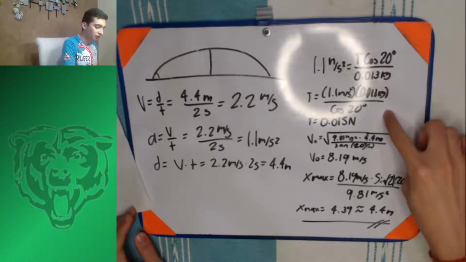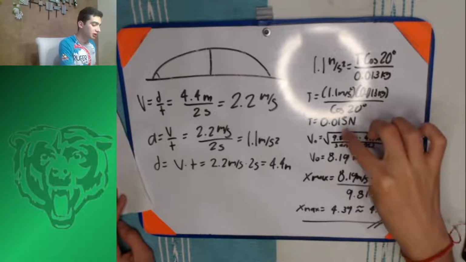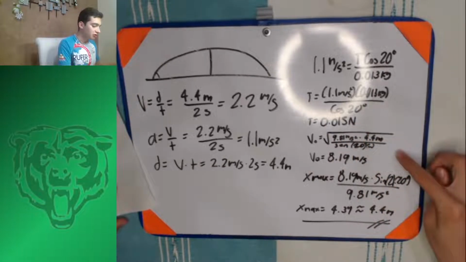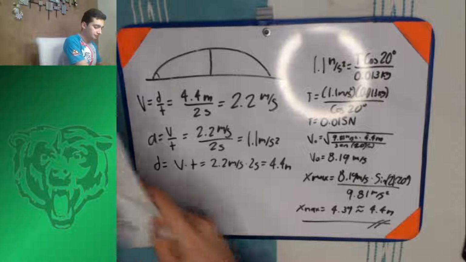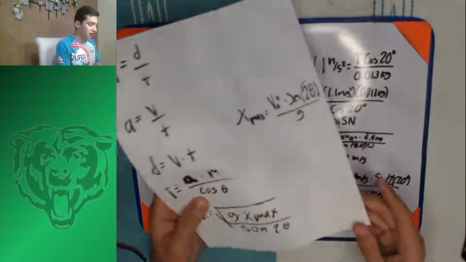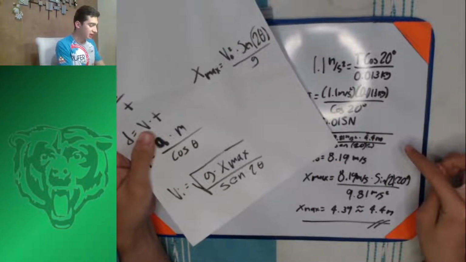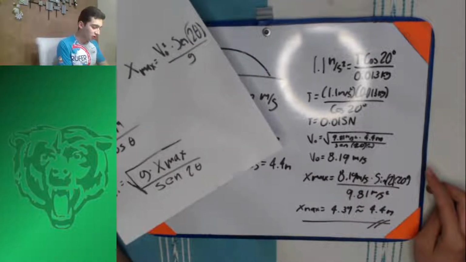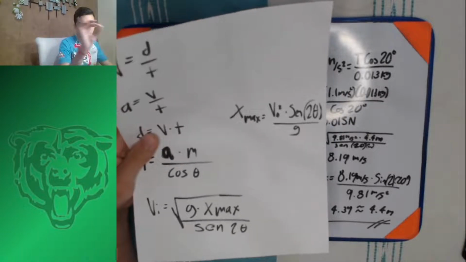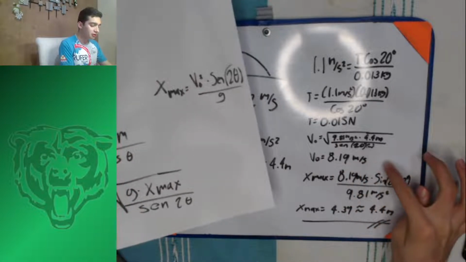With this equation, we calculated that the ropes make a force of 0.015 newtons. We substitute all this in our equation of the initial velocity with the maximum distance and also the gravity, and we got that the initial velocity is 8.90 meters per second.